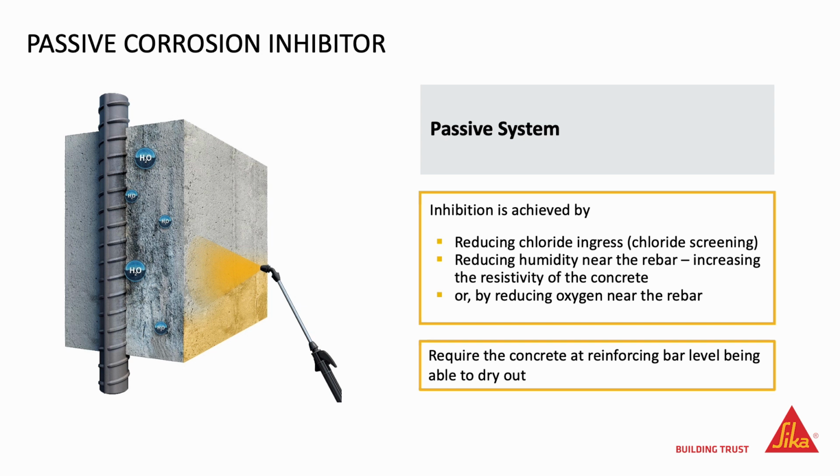However, this technology can be used only at areas where the concrete is able to dry out, as the silane will prevent liquid water to penetrate the concrete, but allowing the water vapor to escape. If this is prevented somehow, they will not be able to perform as a corrosion inhibitor.